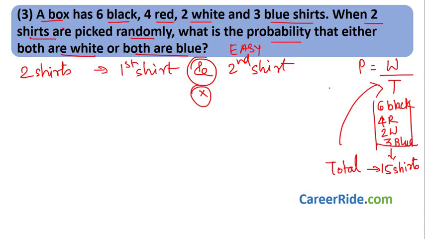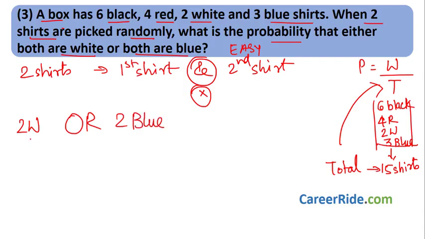They pick the first shirt, keep it in hand, then pick the second shirt. Now what have they given? They want either both are white, so the 2 shirts picked should be white, or find the probability that the 2 shirts picked are blue, right?